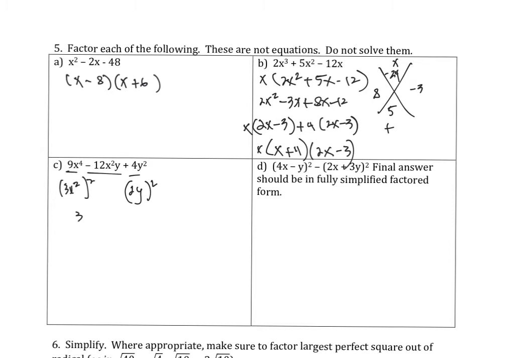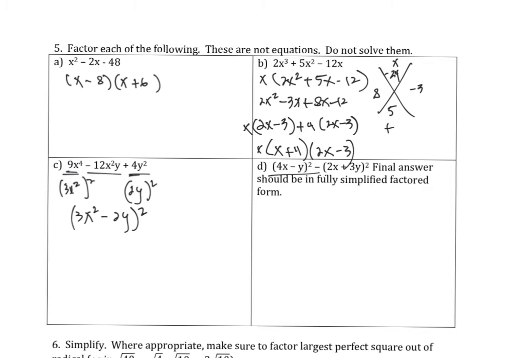So we end up with our factorization of 3x squared minus 2y squared. If we work this through, we get 3x squared squared for our first term, negative 2y squared for the last term, and then 3x squared minus 2y and another 3x squared minus 2y to get our middle term.